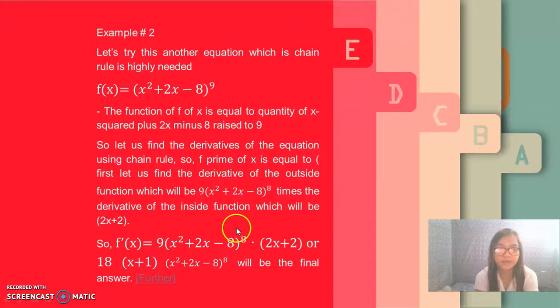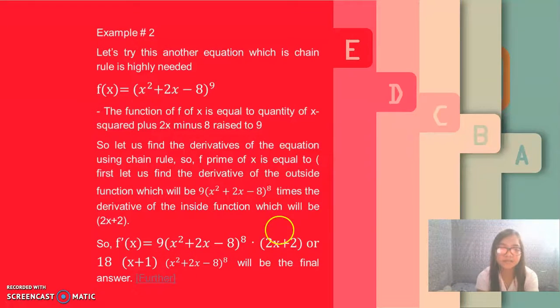Okay, so we have here the inside and the outside function, which is 9 times (x squared plus 2x minus 8) raised to 8 multiplied by (2x plus 2), or it will become 18 times (x plus 1) times (x squared plus 2x minus 8) raised to 8.